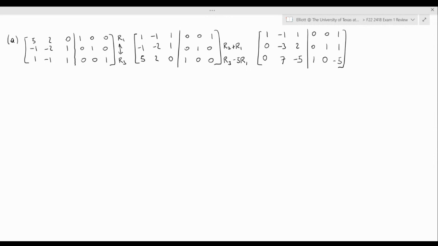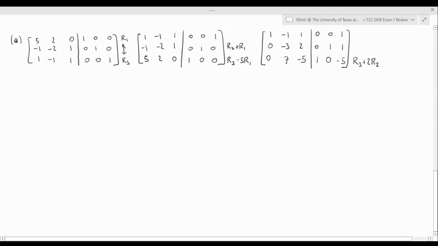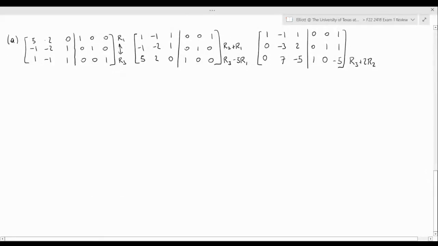And then once I have that 1 in the second column, I'm going to swap it and use it as a pivot, okay? So what I'll do here then is I'm going to take row 3 and add 2 of row 2, okay? Let me continue down here now, okay?